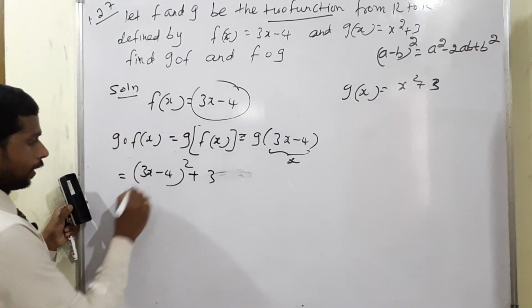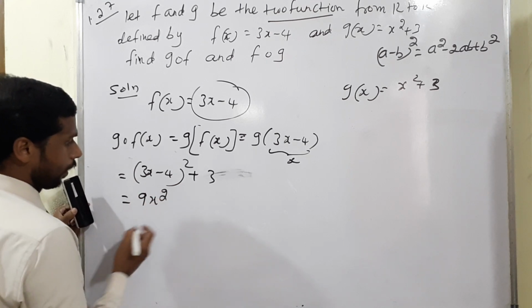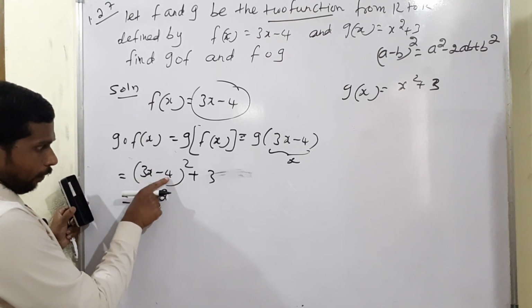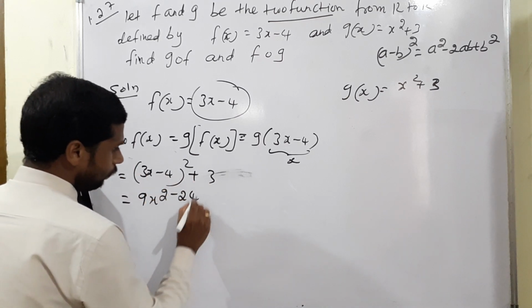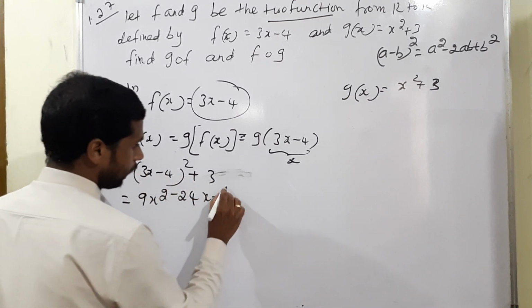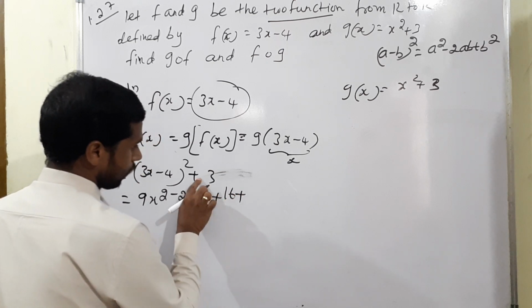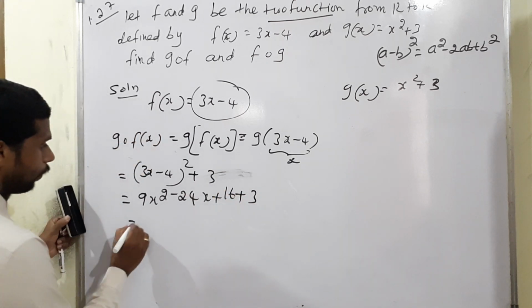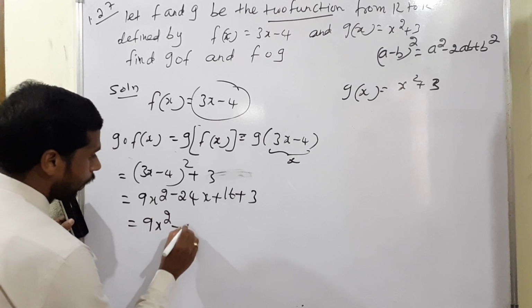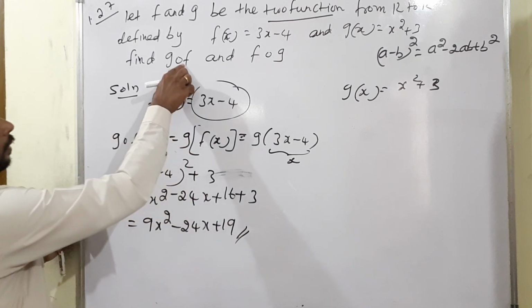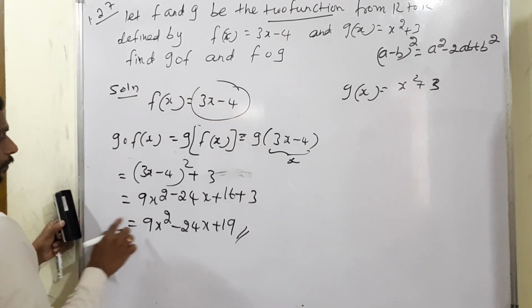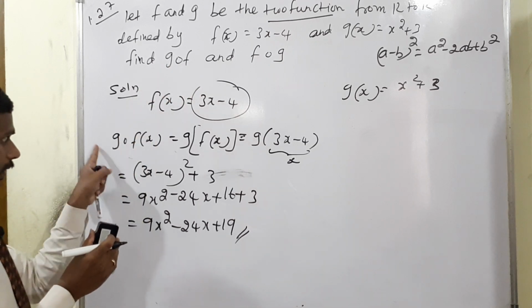Therefore, 3x square means 9x square, again minus 2ab: 3 into 4 is 12, 12 into 2 is 24, minus 24x. 4 square means 16, another constant value is there, plus 3. Therefore, 9x square minus 24x plus 19. This is called g dot f, or g is composite of f. Okay, this is the value.